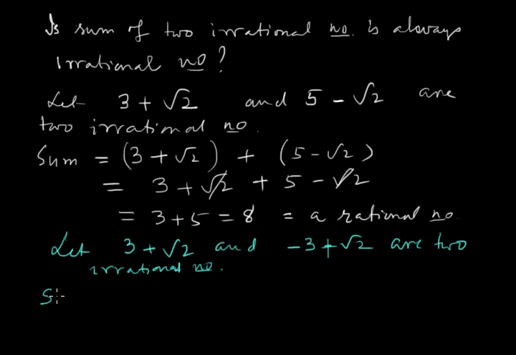Now their sum is 3 plus root 2 minus 3 plus root 2, and now the 3 and 3 cancel. It comes to 2 root 2, which is an irrational number.